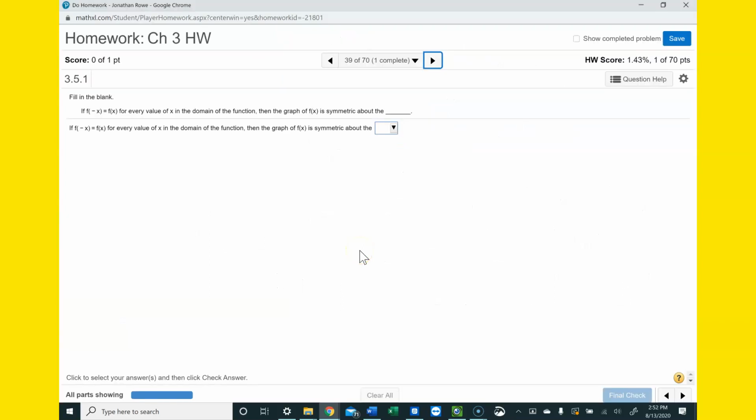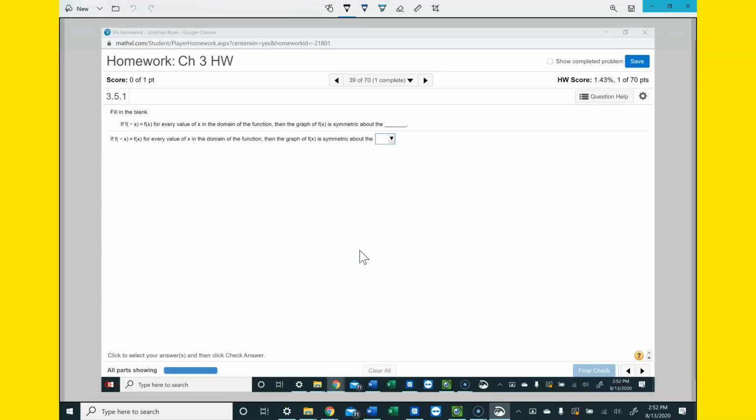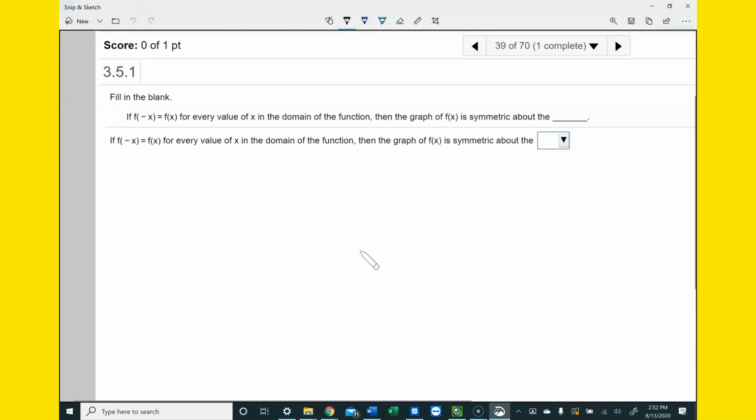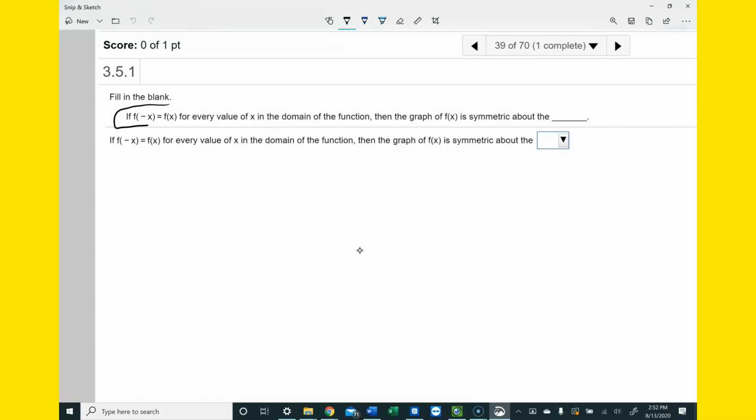Alright, this is one we've already been over in class. Let me get where I can write on this. Alright, this right here, if f of negative x equals f of x, that is the algebraic definition of being an odd function, which we talked about in class the other day.